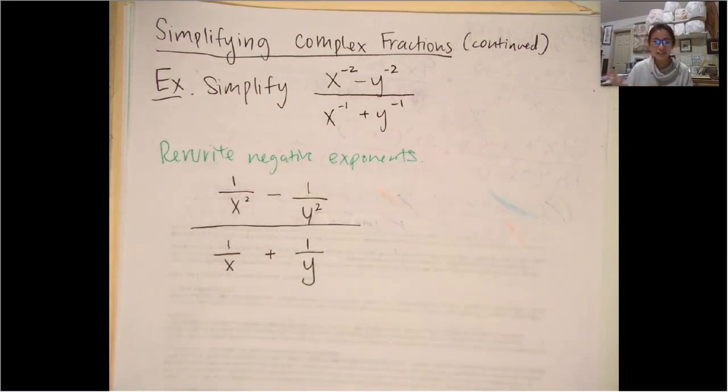Okay, so now it does look like a complex fraction, and so we can follow the same rules as a regular complex fraction simplification process. So we'll start by condensing the numerator and denominators each into one fraction.